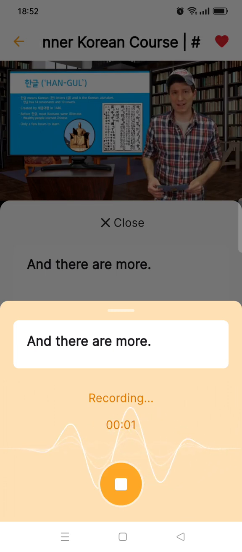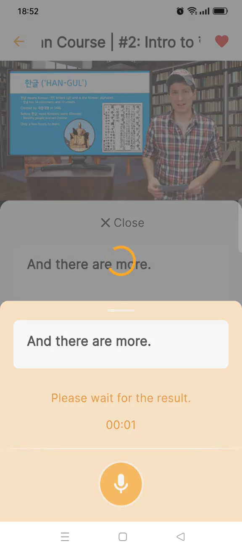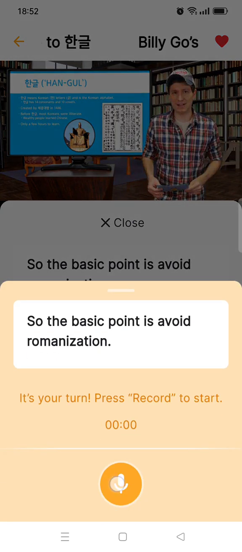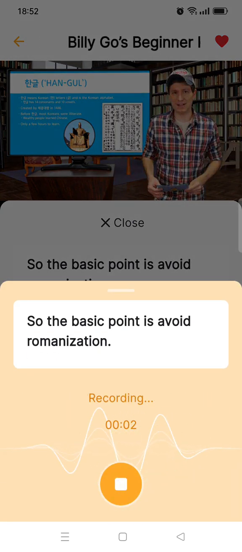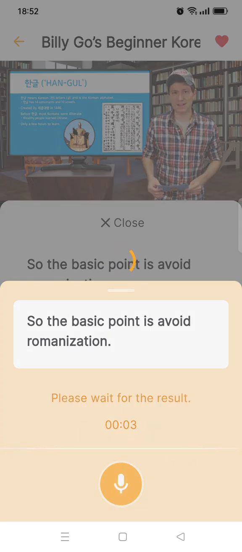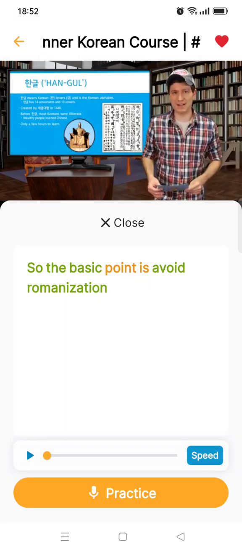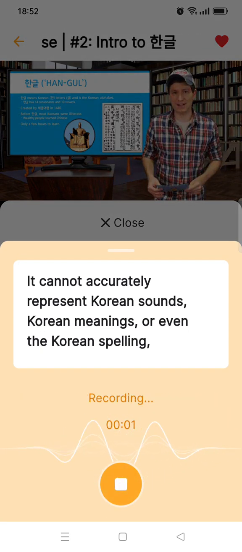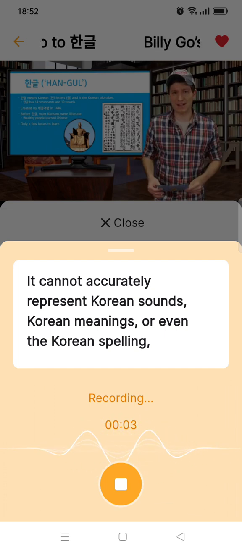And there are more. So the basic point is avoid romanization. It cannot accurately represent Korean sounds, Korean meanings, or even the Korean spelling.